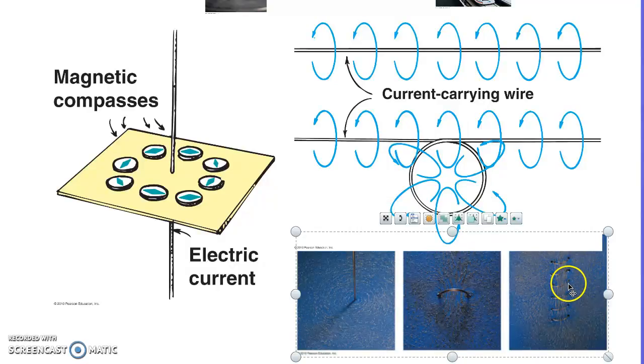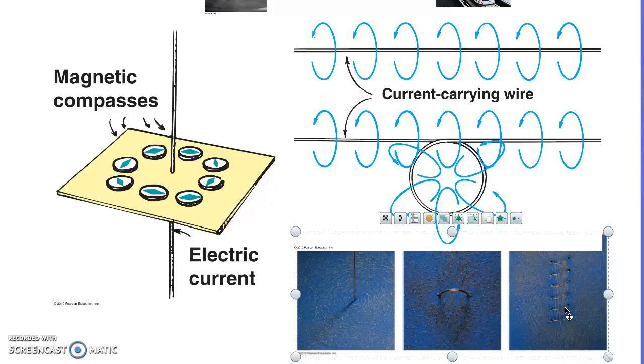Now basically we have what we call an electromagnet. If you have an electromagnet, it's a magnetic field, usually with a piece of metal down the middle of it, and as long as the electric current is flowing through there, it will continue to be an electromagnet.